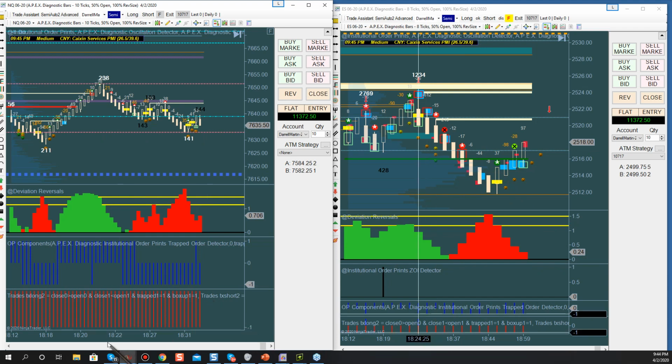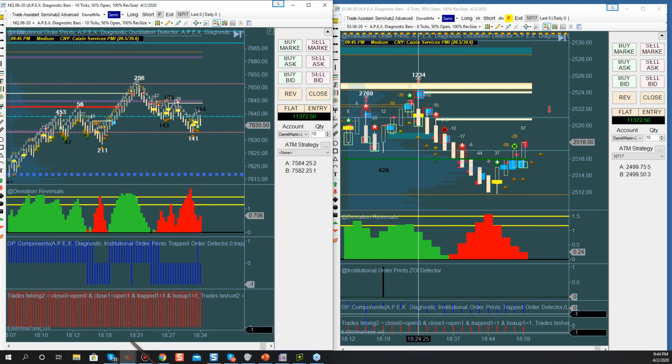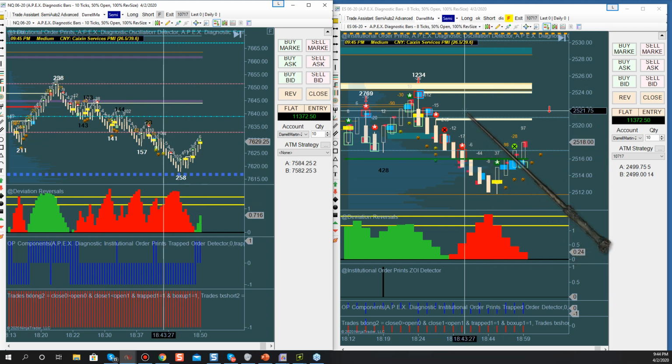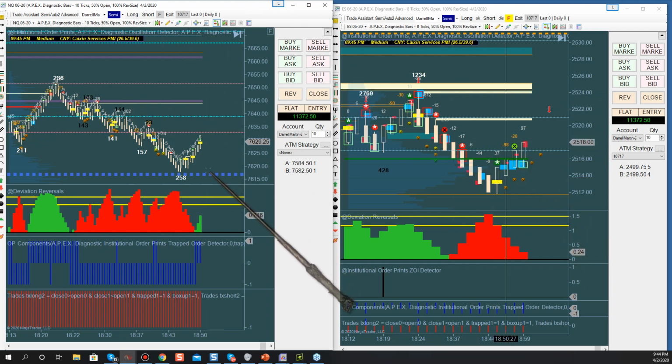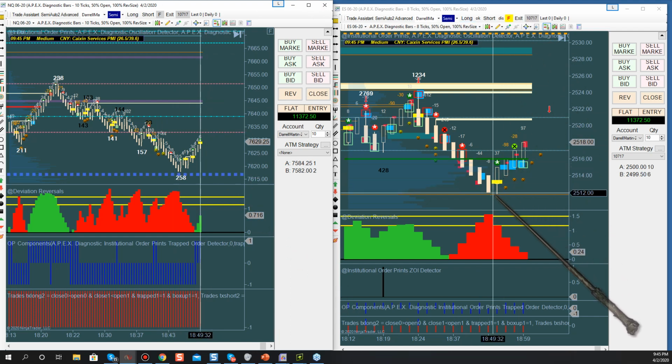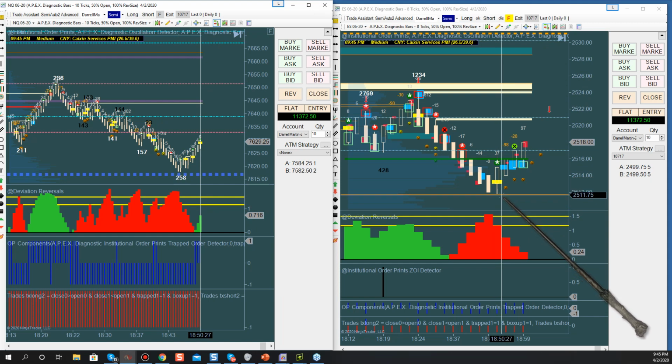Let me zoom this out a little bit. Then I have this level marked from my 6240 charts, or whatever it was today, 7616.50. I already said it's going to go down to 7617, and then when it does, ES is going to hit the paw print. Yes, I'm saying the NQ walls lead the ES.